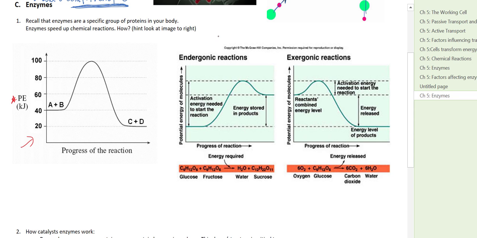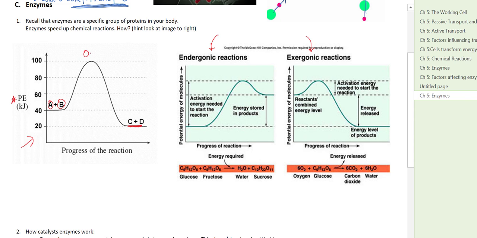And so here we've got one for an endergonic and one for an exergonic reaction, which we'll look at in a second. But what we need to understand is that these particles A and B, if they're going to form these new products over here, they must collide.